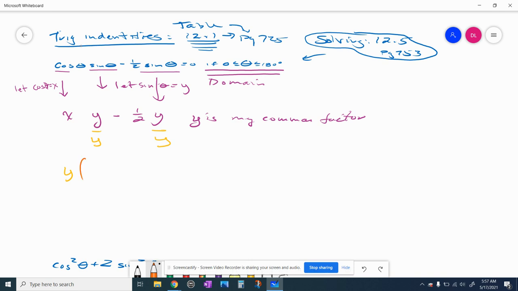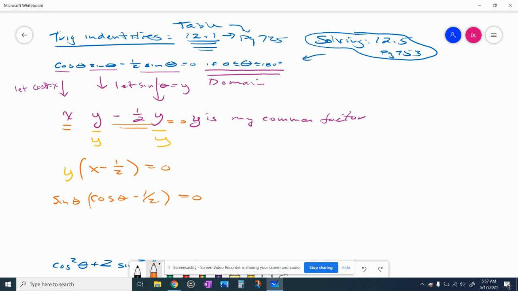What's left? My x is left, and my negative 1/2 is left. So x minus 1/2 equals 0. Oops, I forgot my equals 0. So all I did was take a common factor out. Then I just replace everything. Y is sine of theta. So the sine of theta times the cosine of theta minus 1/2 equals 0.